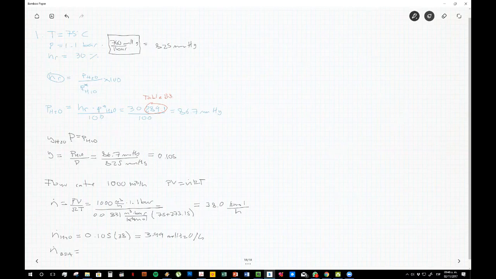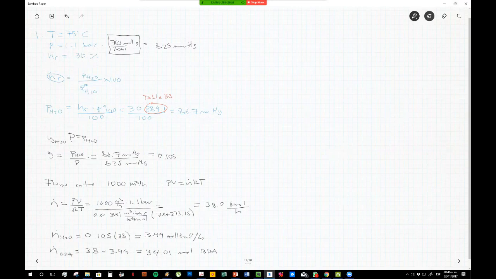That would be equal to 38 minus 3.99, and we're going to leave it as 34.3 moles of bone dry air. Okay, so that solves the first one.